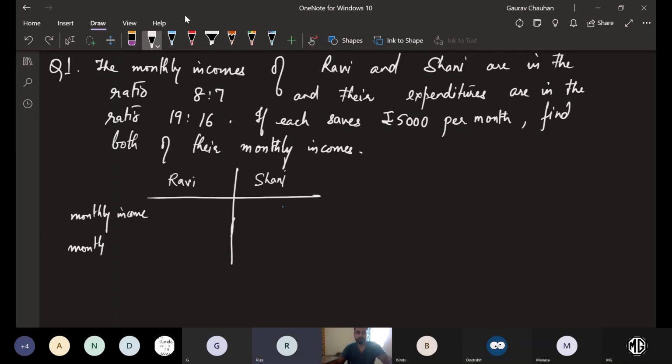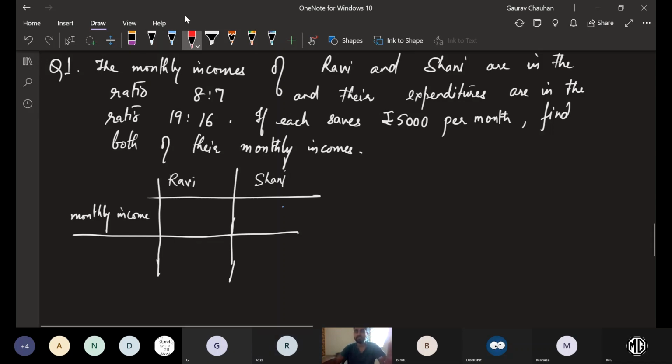expenditure. These two things. See guys, I want you to notice very carefully, Riza is saying, leave monthly expenditure, she is saying only monthly income. Nishchay, you had given one thing, that we can take the monthly income of Ravi as X and Shani as Y. If we do that, a lot of confusion will happen, then you will write X by Y is equal to 8 by 7.